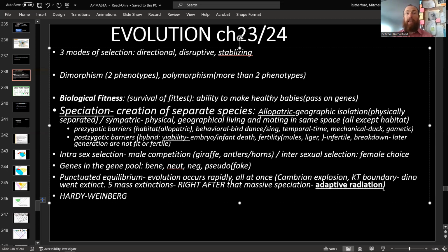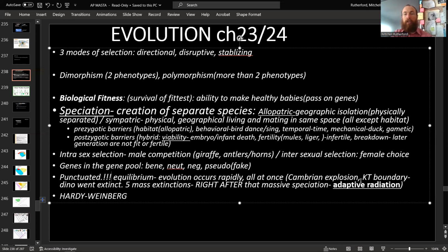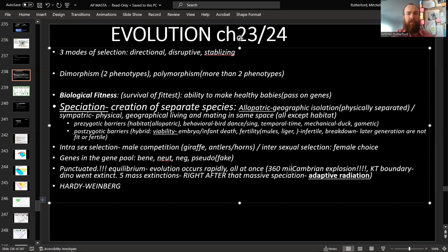And so then it's punctuated. There's like a punctuation, kind of like ends a sentence, right? So punctuated, we're thinking about periods and exclamation marks. The Cambrian explosion is just a whole bunch of animals, I'm pretty sure, going out on land, right? I'm pretty sure it's like 360 million years ago. Cambrian explosion, just all of a sudden, a ton of new animals evolving all over the place, right?